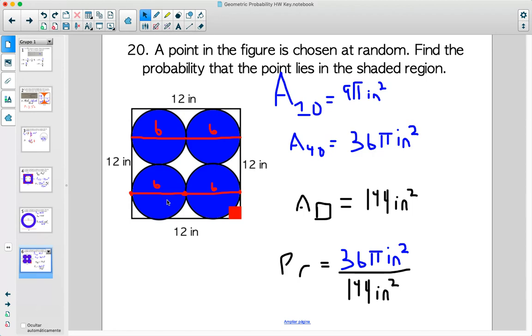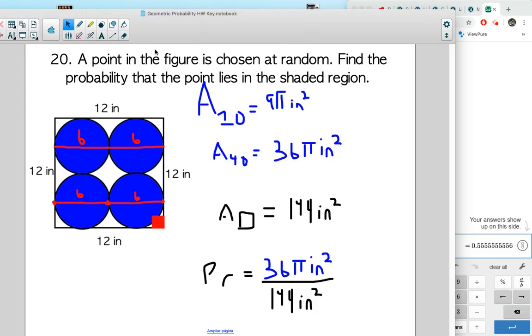Now, if the shaded region were the white spaces, let's say the shaded region were the ones in white, then we would subtract. Then it would be the area of the square minus the area of the blue circles. That would give us the white regions, but it's not asking for that.